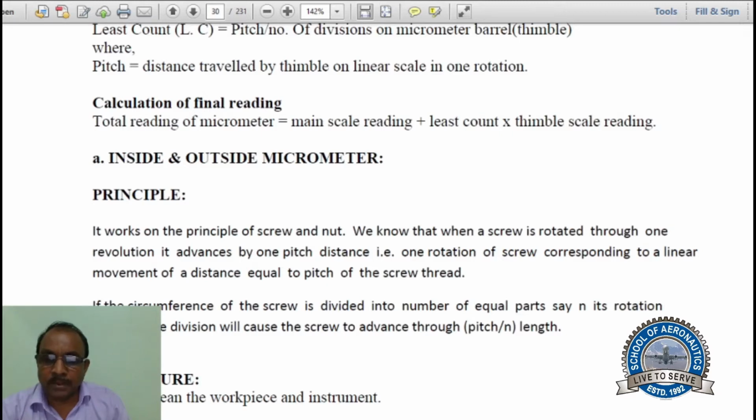If the circumference of the screw is divided into n equal parts, its rotation through one division will cause the screw to advance through pitch divided by n length.